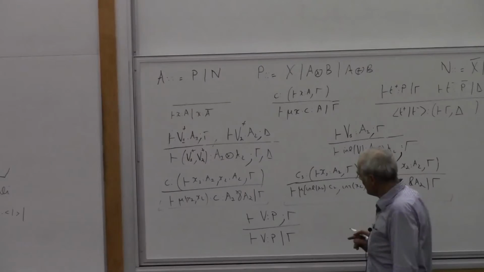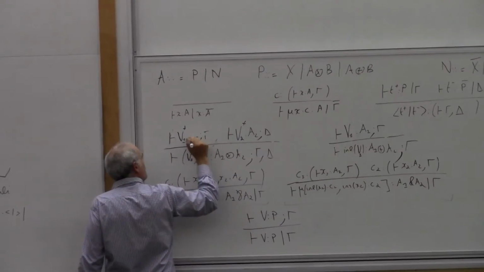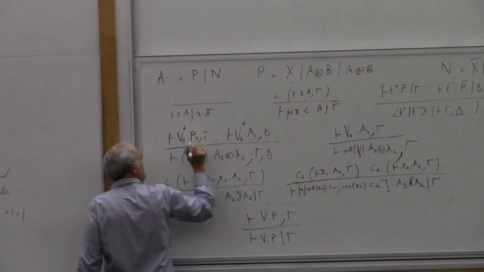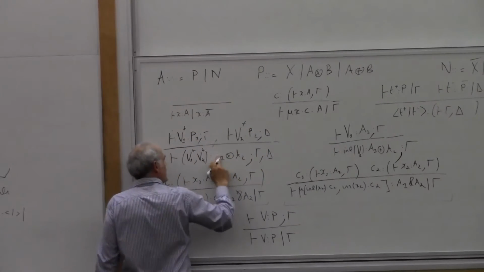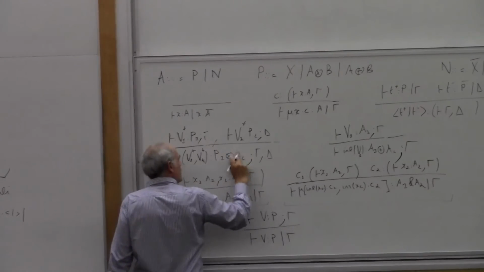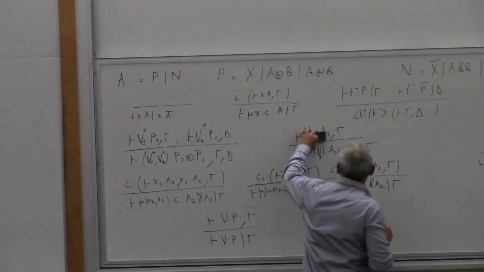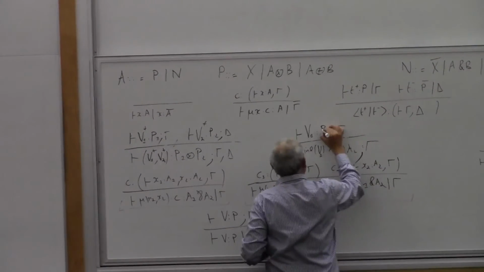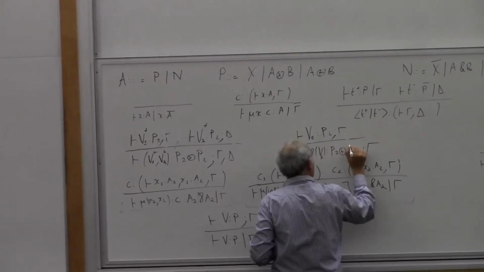in a simpler way. But then actually this will be a P1 because the value is always of positive type. This will be a P2. This will be a P1 tensor P2. This will be a P1. This will be a P1 tensor P2 plus P2.